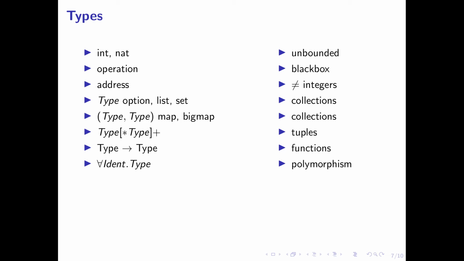Addresses have their own type, different from integers, so there is no arithmetic on addresses. Love provides multiple collection types similar to OCaml, plus a big map system that is proper to Tezos and Dune. It has tuples, functions, and the main component of System F, the for-all type for polymorphism.